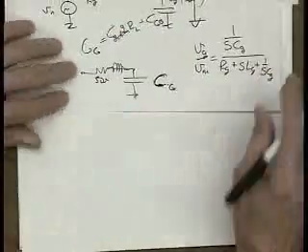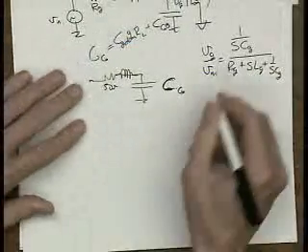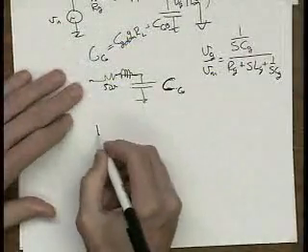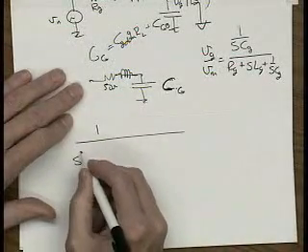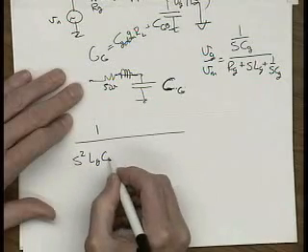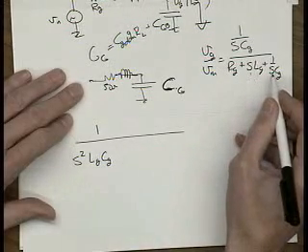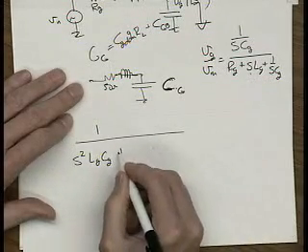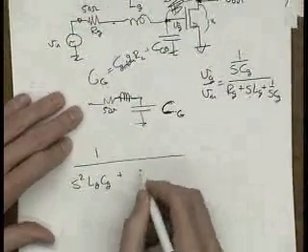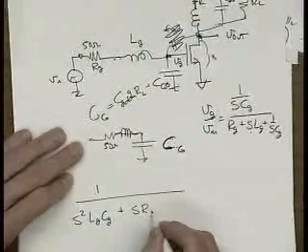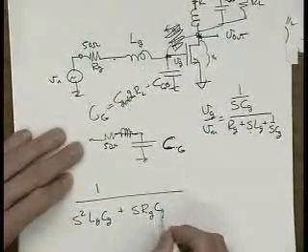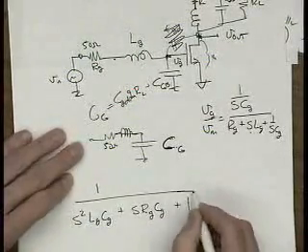Okay, well, let's multiply this out. Let's multiply top and bottom by SCG. I get 1 over S squared LGCG, multiplied by SCG, plus S RGCG plus 1, okay.